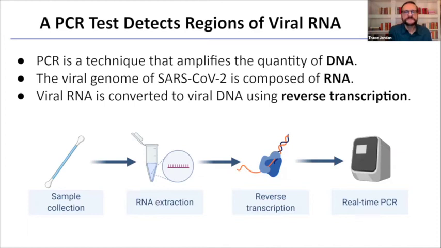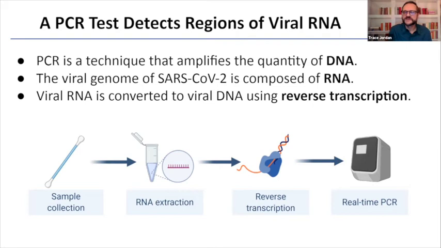Well, that can be done by converting the viral RNA into viral DNA using a process called reverse transcription. So you probably learned in your biology courses that the process of transcription is when DNA is copied into a complementary version of messenger RNA.